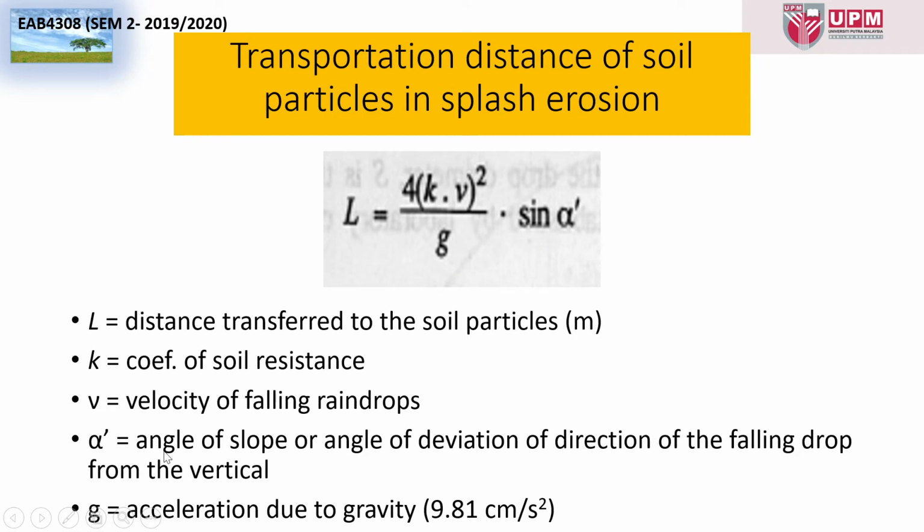Sine alpha is the angle of slope or angle of deviation of the direction of the falling drop from the vertical. Don't worry about this formula because it's very simple and the information will be given.